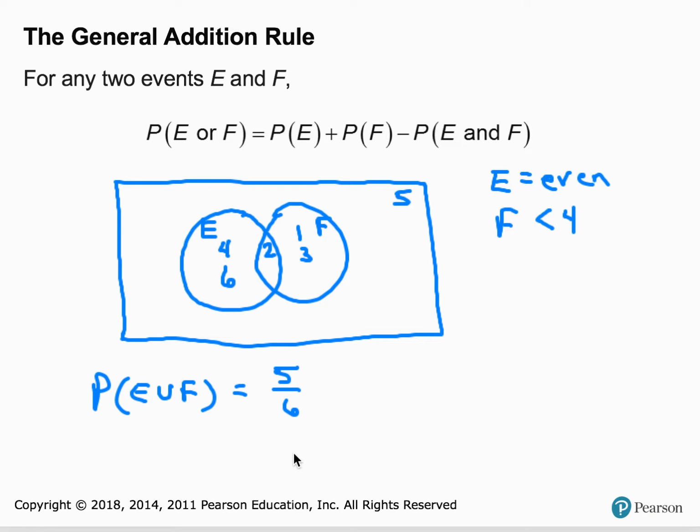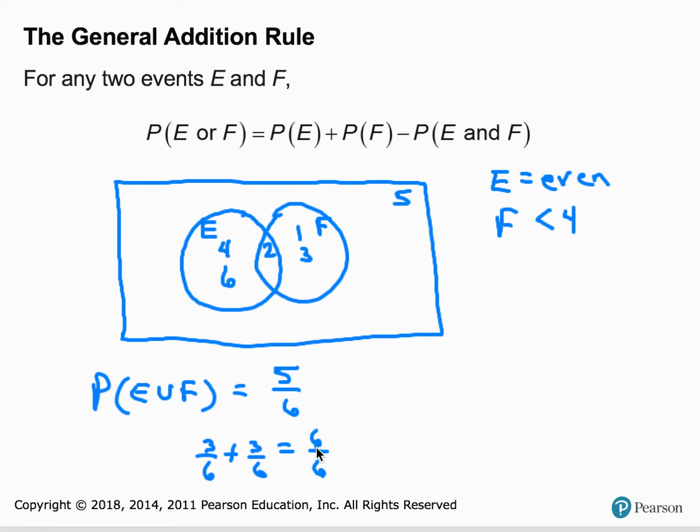Notice if I used my rule from before, if I just added the two probabilities, I would have 3 out of 6 that are less than 4, 1, 2, 3, and 3 out of 6 that are even, 2, 4, 6. So I'd get 3 out of 6 plus 3 out of 6.